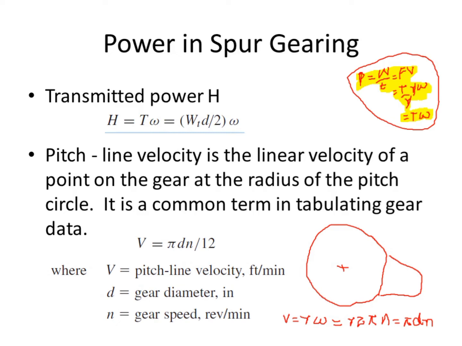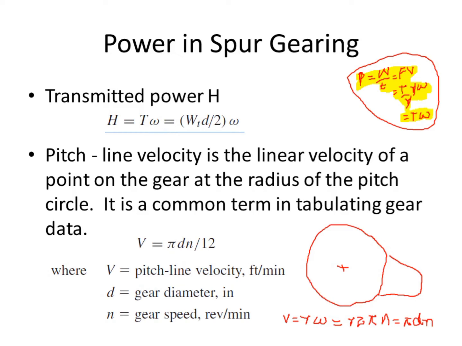Now W is equal to force into distance. If we put force into distance in the power, we get P equal to Fs divided by T. S divided by T, which is distance divided by time, is equal to V. So we put V directly instead of S divided by T. So P is equal to Fv.